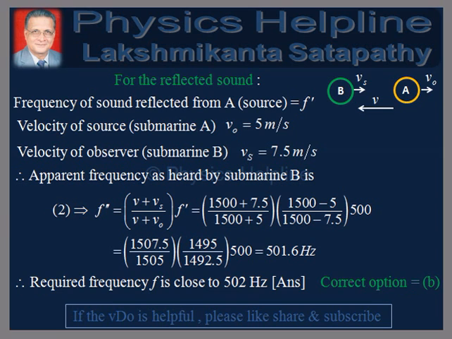Since submarine A is the source, we have velocity of source equal to Vo, which is equal to 5 meters per second, and velocity of observer, which is submarine B, is equal to Vs, which is equal to 7.5 meters per second.